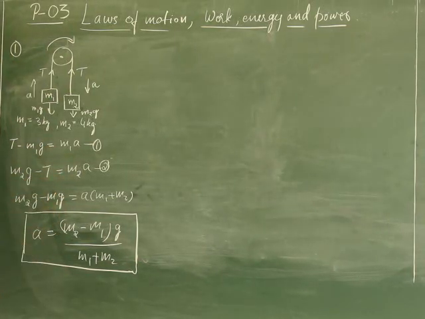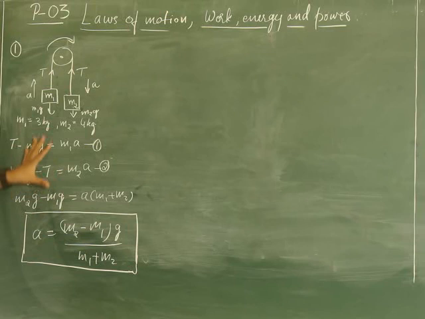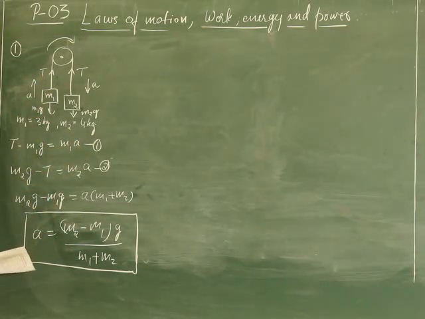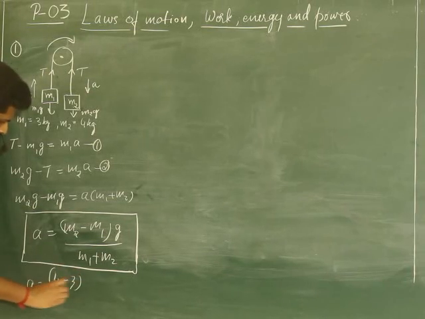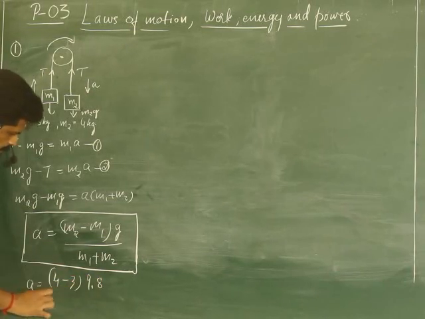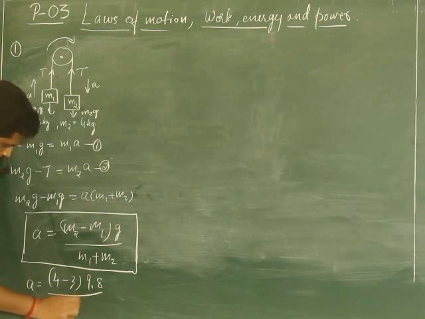But suppose you find difficulty in understanding how to get this particular formula, remember this: you are just using the concept of net force acting on a body. Now look, only the 9.8 value is given, nothing else. So A is equal to m2, which is 4, minus m1, which is 3, times g, which is 9.8, divided by m1 plus m2, 4 plus 3, that is 7.